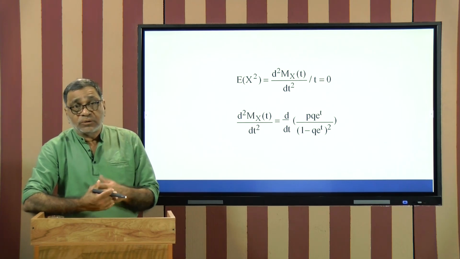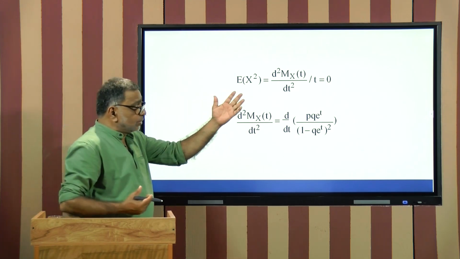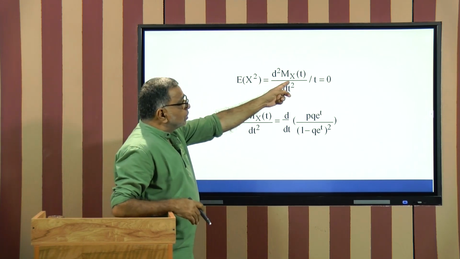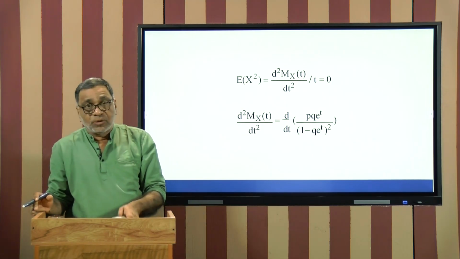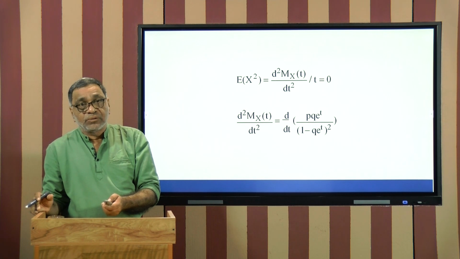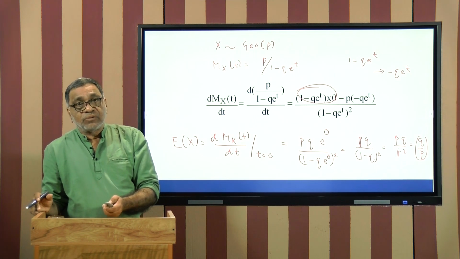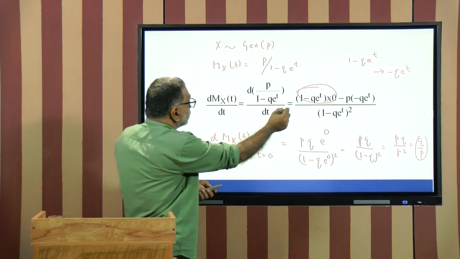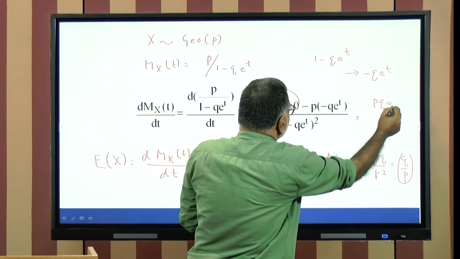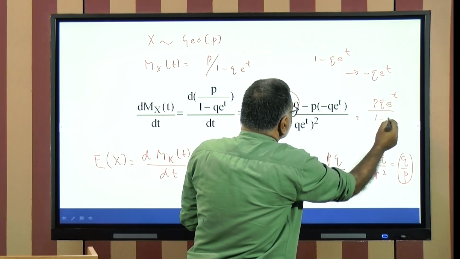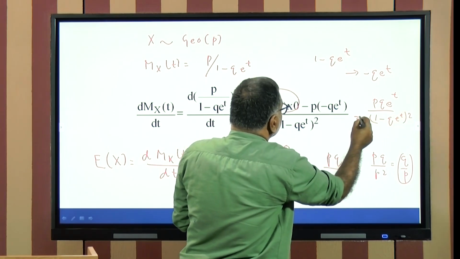How is it obtained? The expectation of x square is equal to the second derivative of the moment generating function at t equal to 0. We have already calculated the first derivative. See, the first derivative is actually p q e power t divided by 1 minus q e power t the whole square.